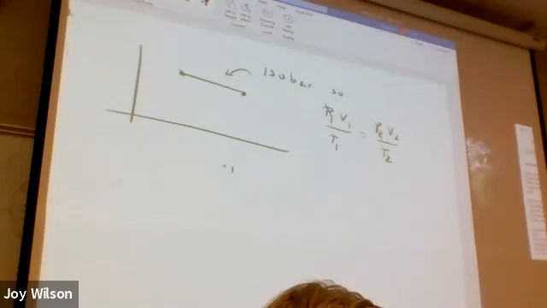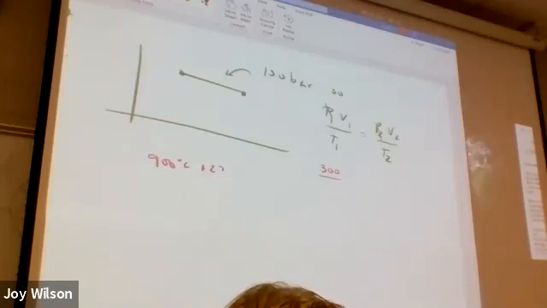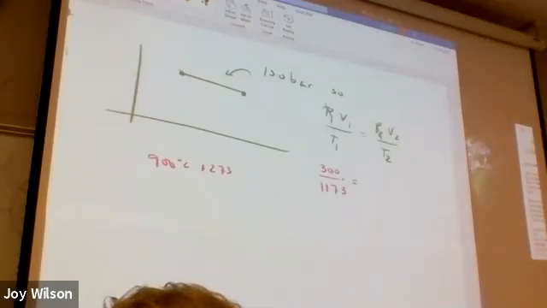So PV equals nRT. Pressure was 3. Volume was 300. Oh, wait. Sorry, they told us that already. We don't have to use this. Our initial was 300 volume, and our initial temperature was 900 Celsius. But we can't use Celsius. We have to use Kelvin on this. So 900 Celsius plus 273 is 1173. Your new volume is 100.